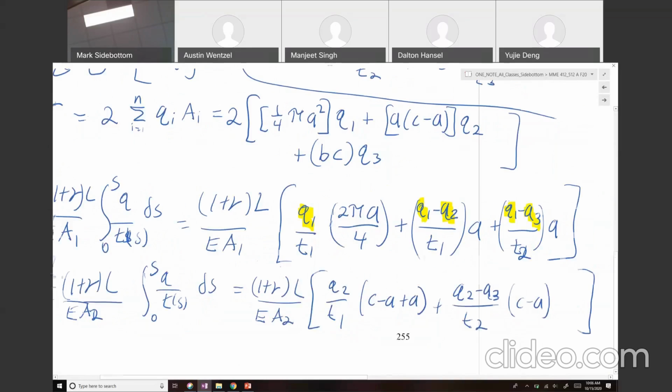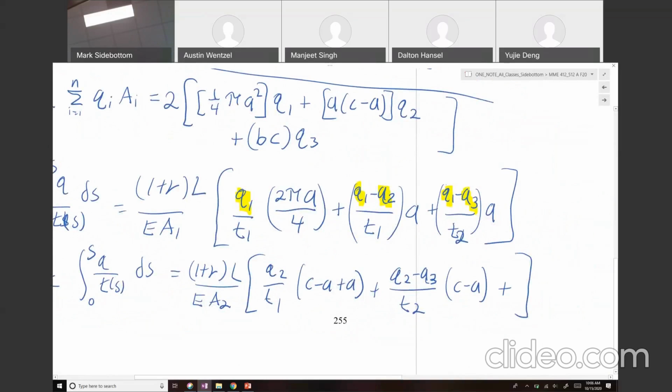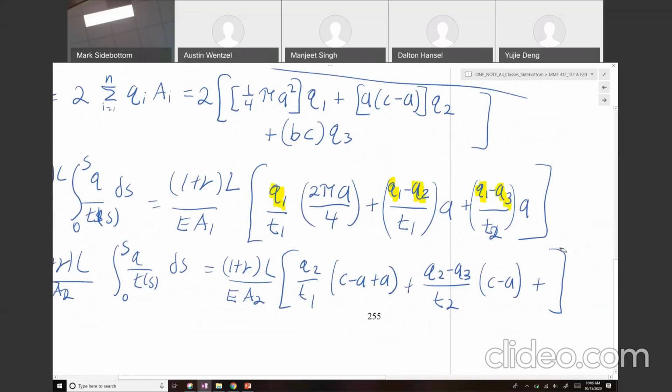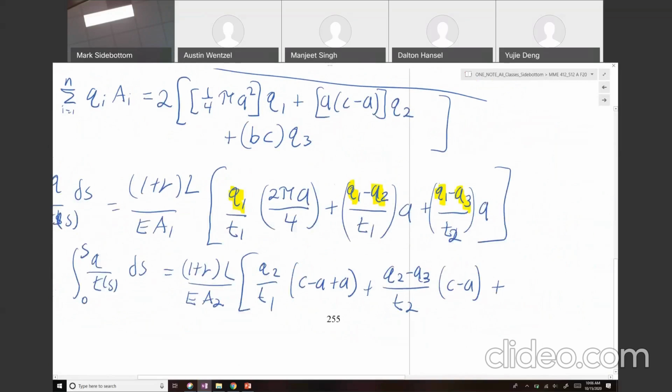All right. And then the last part of this, with this term here, would be the wall between cell 1 and cell 2. So that would be equal to Q3 minus Q1 over T1. Or sorry, it should be Q2, not Q3.